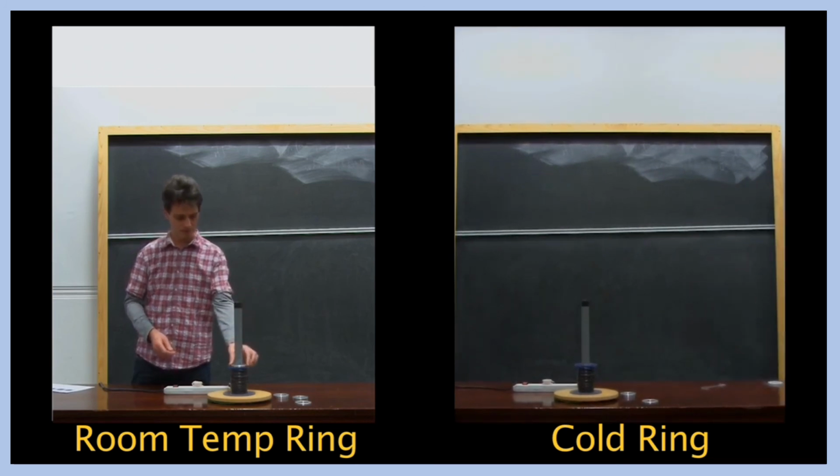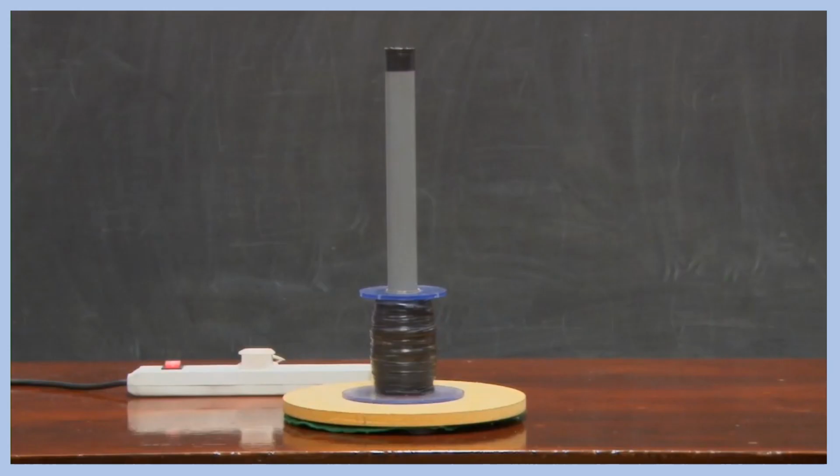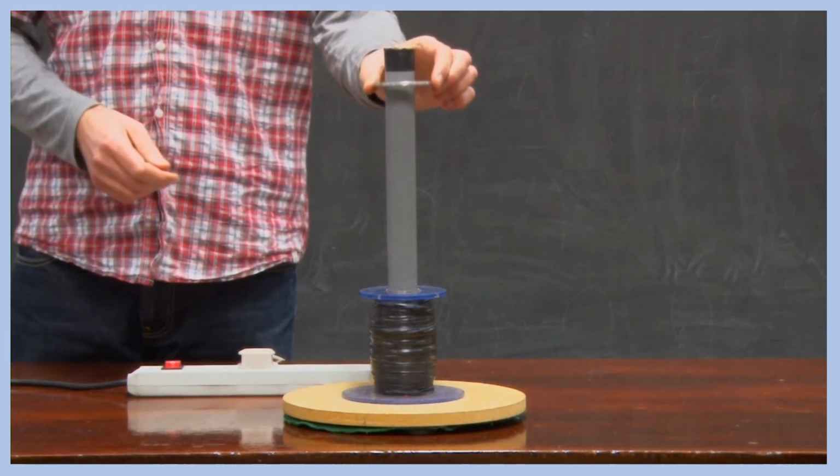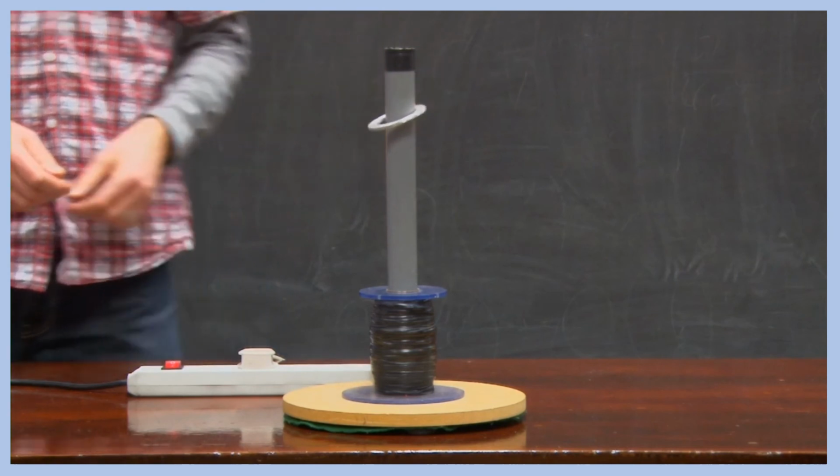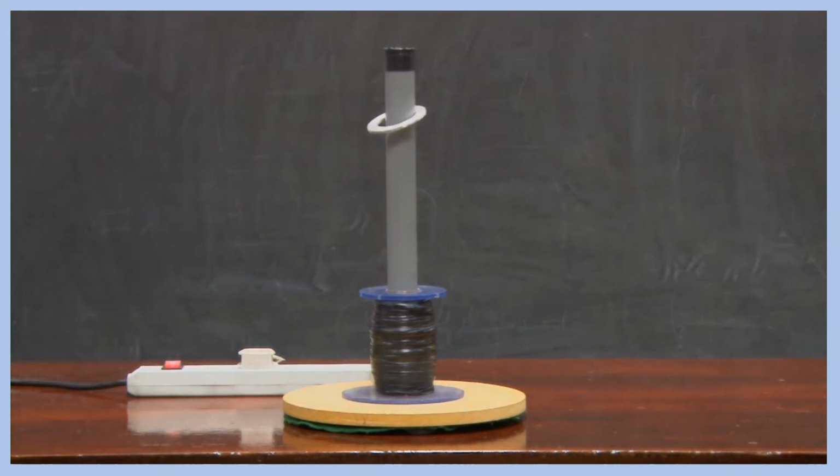We've seen what happens when a ring is placed right on top of the coil and the supply is then switched on. What if we start with the current already flowing and then place a ring over the ferromagnetic core? The principles at work are just the same. The current induced in the ring due to Faraday's law produces a magnetic field that is in opposition to the field from the coil.